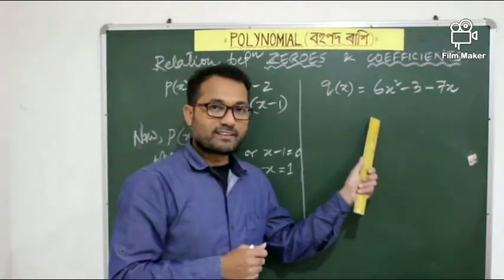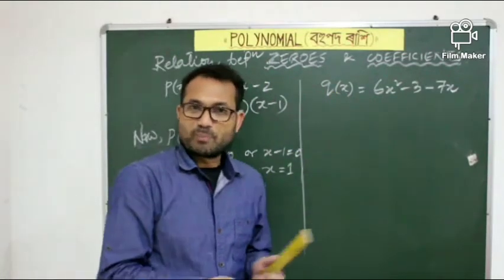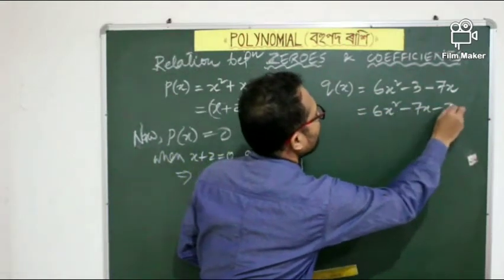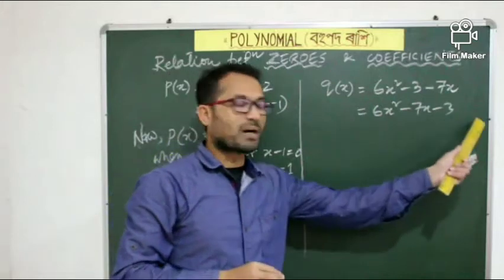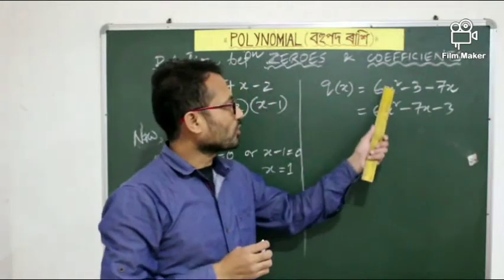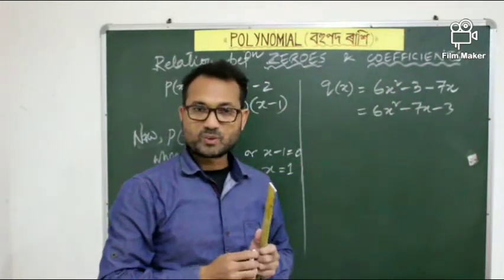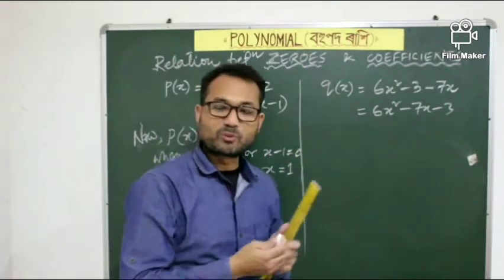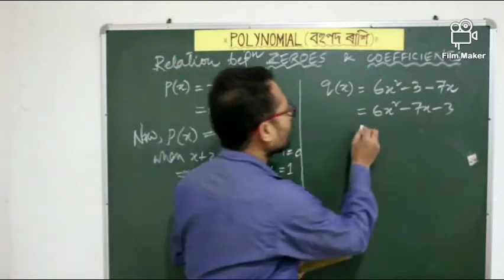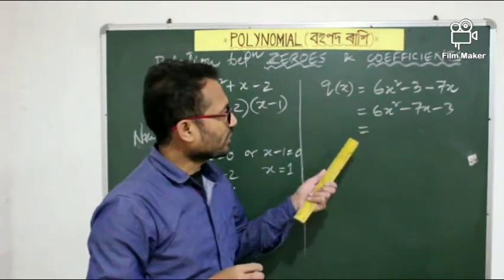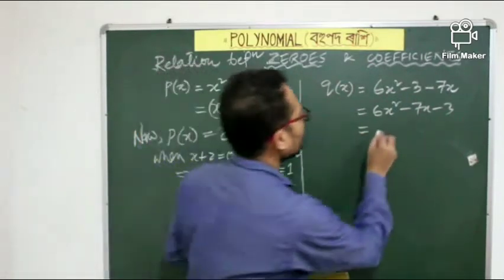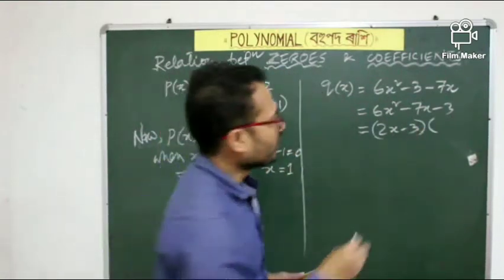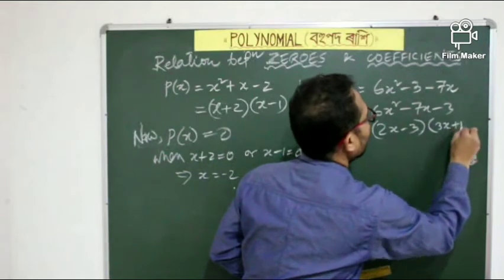Now if you see here, again the same procedure we have to apply. So first of all, you arrange it in the descending powers of the variables, so that it will be easier for us to factorize. উৎপাদক বিশ্লেষণ কৰিবৰ কাৰণে যাতে সহজ হয়, এইটো তোমালোকে নিজে নিজে কৰিবা. So the factors will be (2x minus 3) into (3x plus 1), তোমালোকে পাবা.